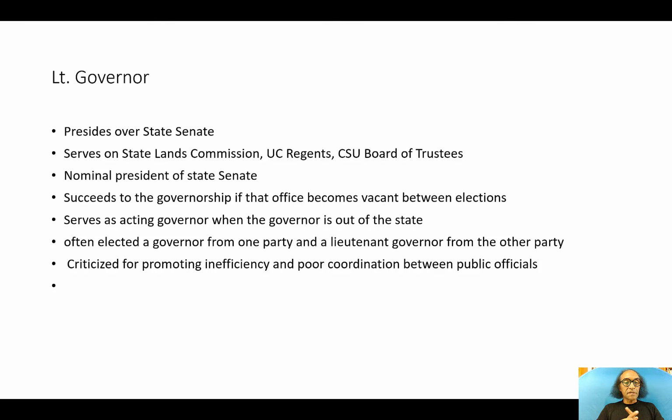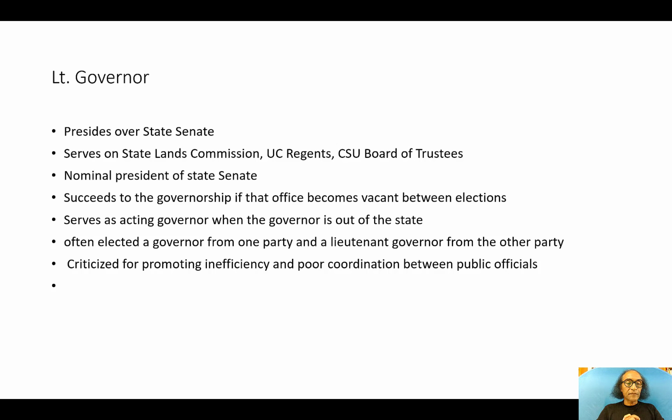The lieutenant governor, as I said, is not the equivalent of the vice president of the United States. The lieutenant governor is a separately elected office and plays some similar roles, at least to the extent that the lieutenant governor is the sort of formal ceremonial presiding officer of the state senate without any real power as such.